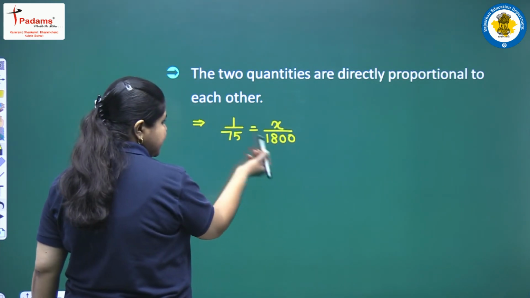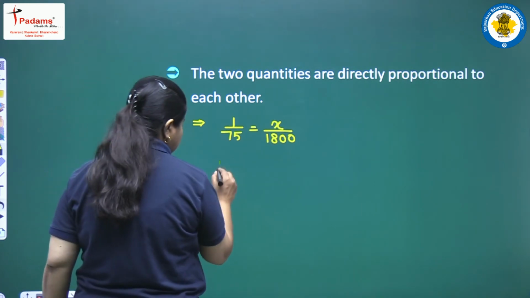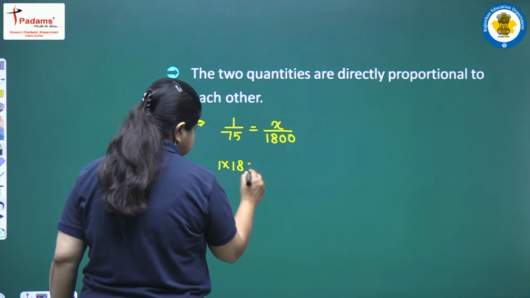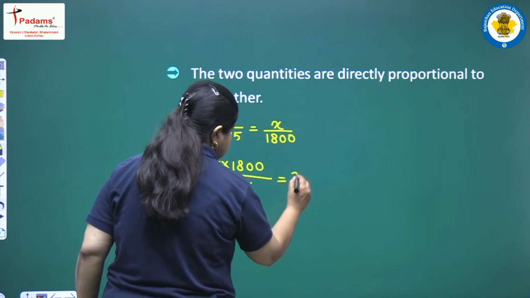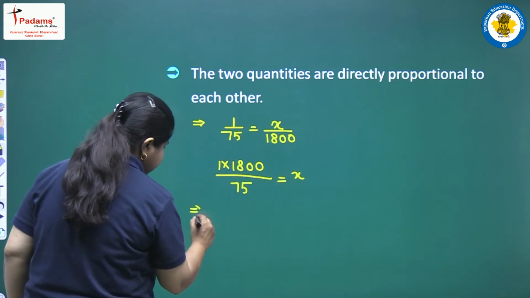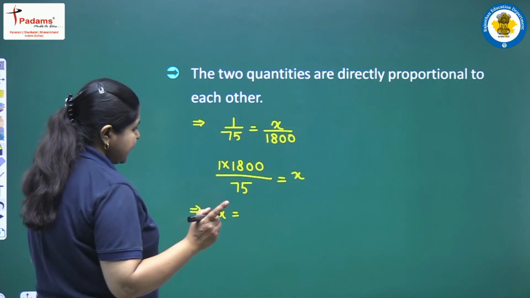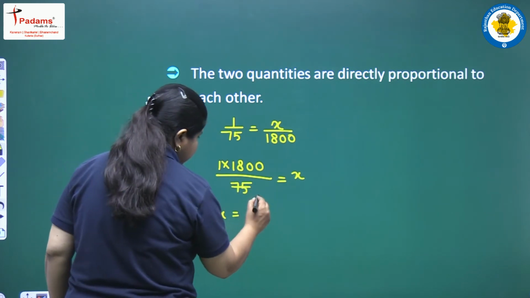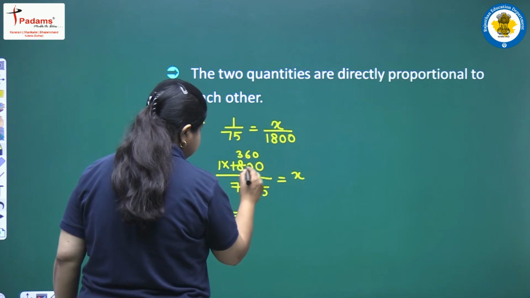Now simple, send this 1800 to the LHS in the numerator in multiplication upon 75. This is equal to X. This implies X is equal to how much? Let us divide here. We can divide by 5, 15 times, and this will go 3 times, 6 times and 0.